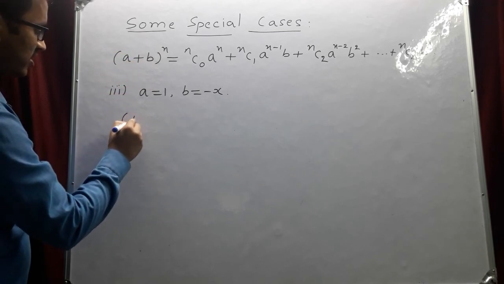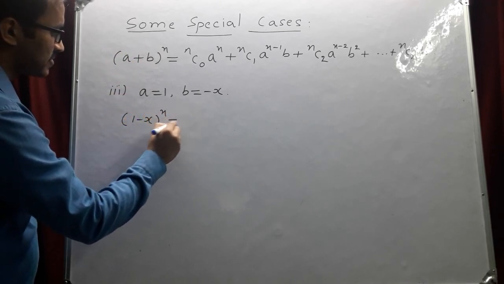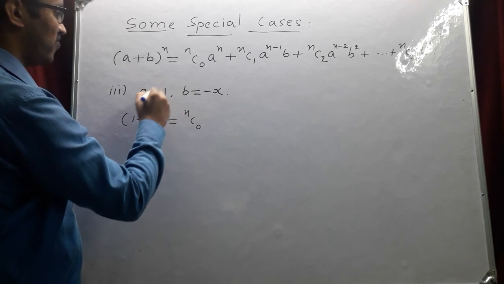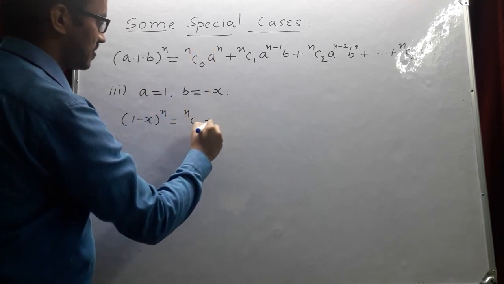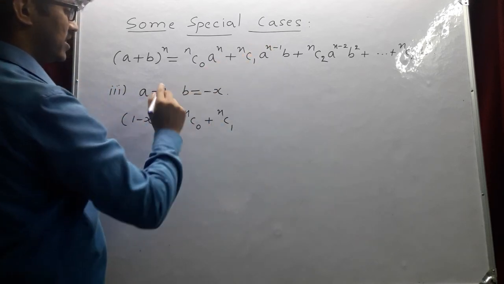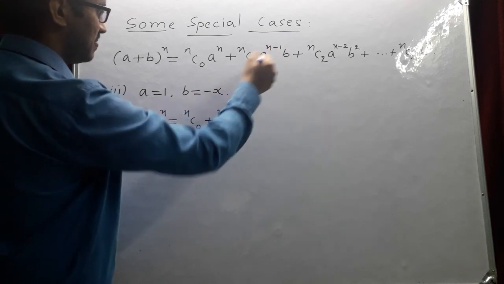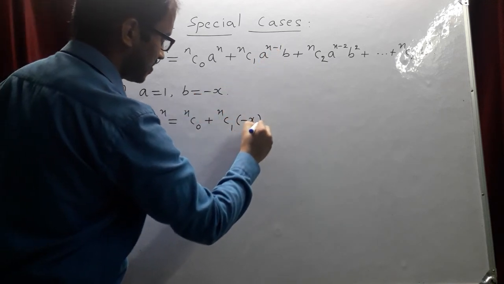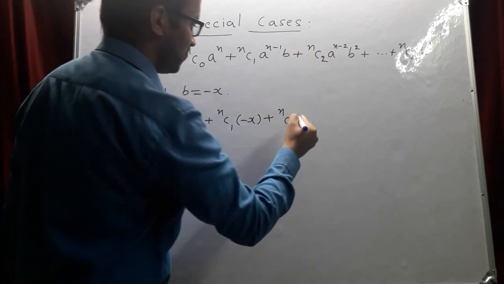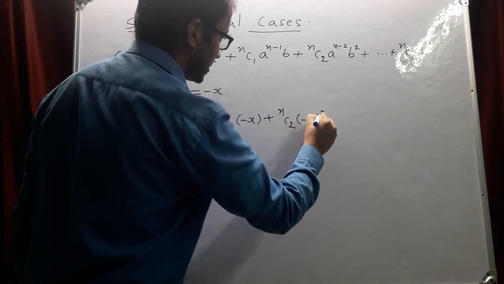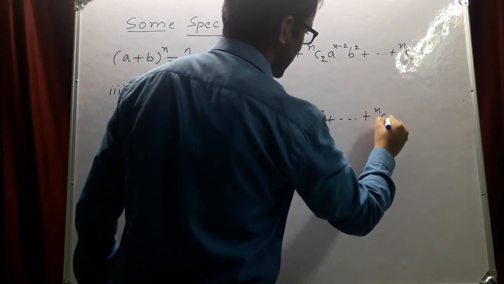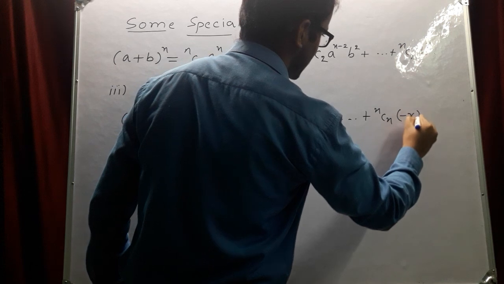LHS becomes (1 minus x) power n, equal to RHS, which will be nC0 1 power n, that becomes 1, less nC1 1 power n minus 1, that is also 1, into b, meaning minus x, less nC2 1 power n minus 2, that is 1, b means (minus x) whole square, plus the last term is nCn b, meaning (minus x) power n.